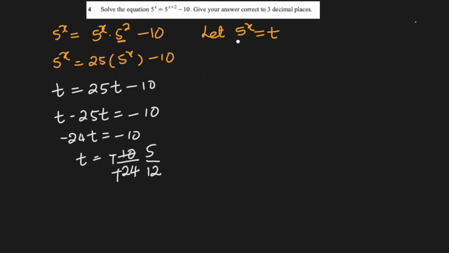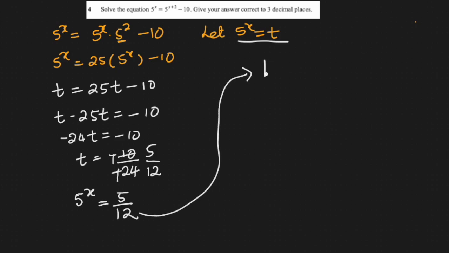Okay, but t was my creation, so I will put it back. 5 to the power x is t equal to 5 over 12. This is what we have to simplify now. Since this is an exponential form, it can be converted to logarithmic form, which is log base 5 of 5 over 12 equal to x. Just put this in a calculator and you'll get your answer.